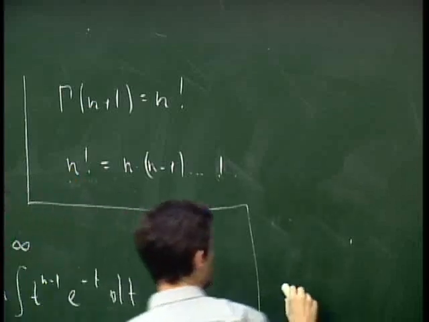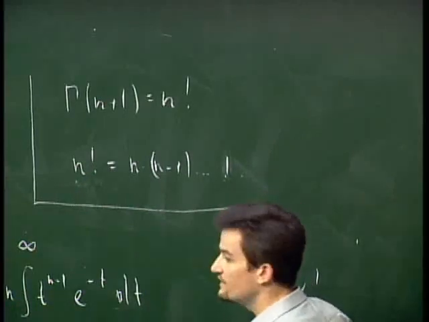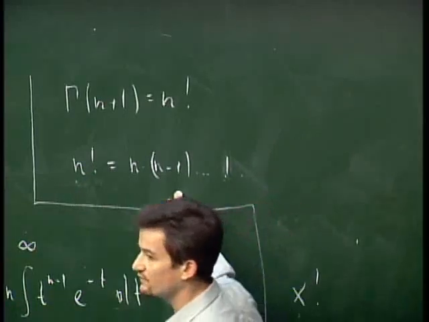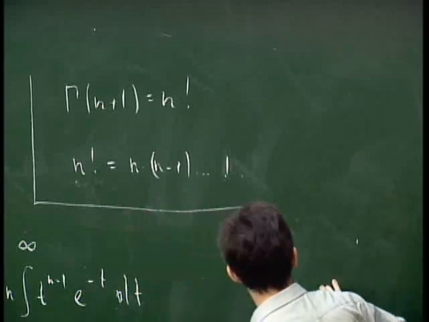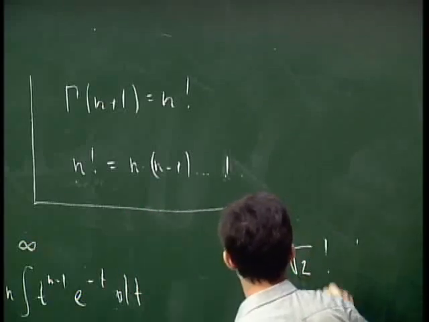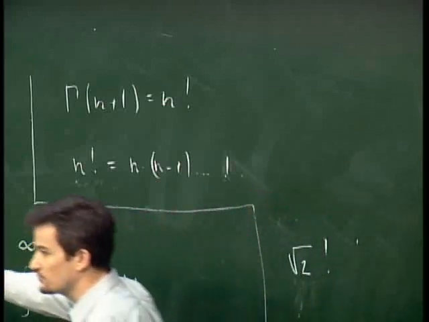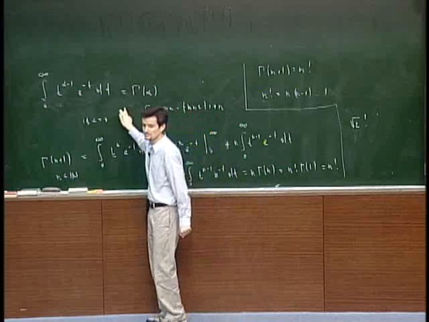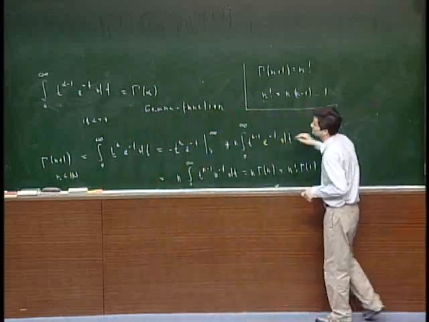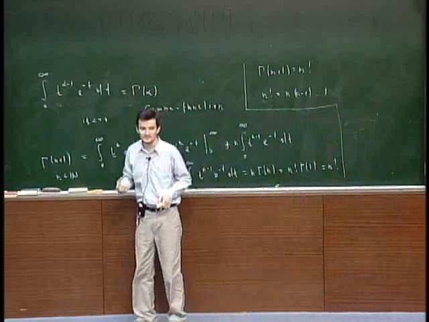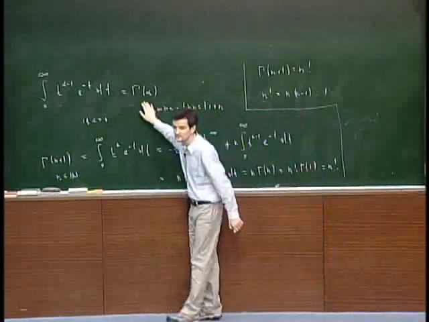So is it possible to define this, where x is a real number? Obviously, you cannot use this definition if x is a real number. And this is a way to define it. That's why the gamma function is important, because it's a natural extension of this symbol to all real numbers.